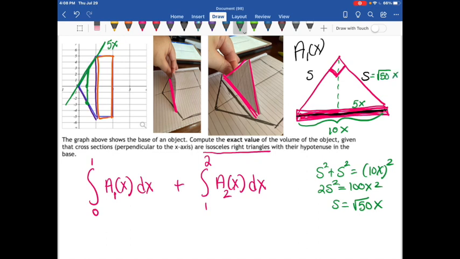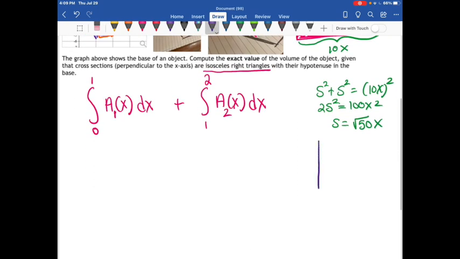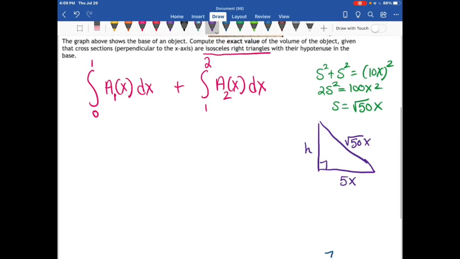Now we can find the height of the triangle so that we can find the area of the cross section using just half of this triangle here that I just highlighted in purple. So now we have this picture where I have 5x here. This is a right triangle, and I know that this is the square root of 50 times x, and I want to find the height. So again, using Pythagorean theorem, I could say that h squared plus (5x) squared is equal to (the square root of 50 times x) squared.